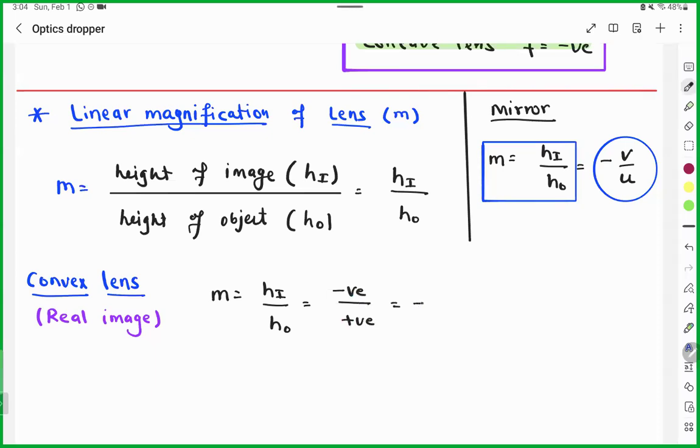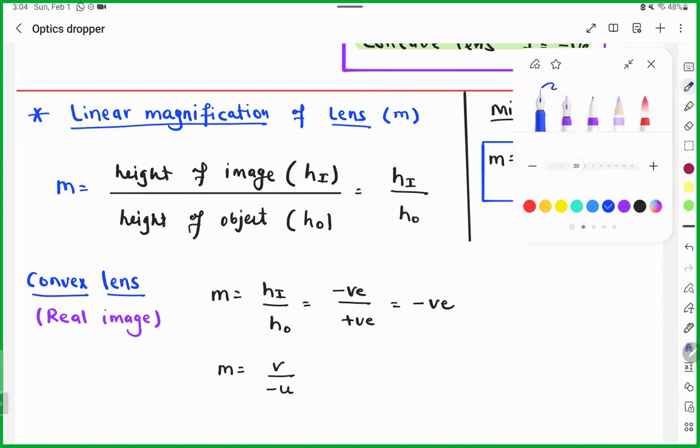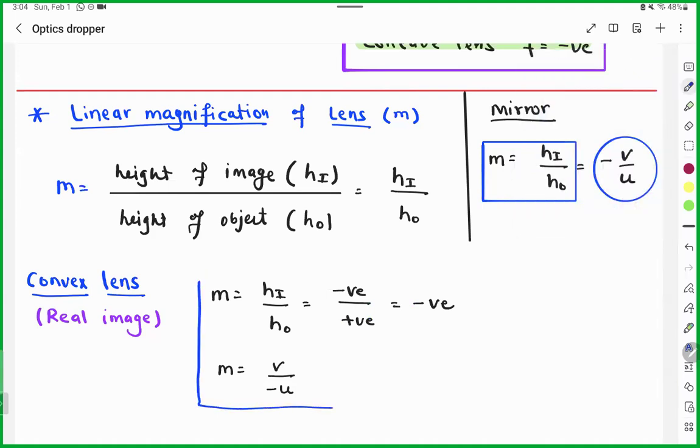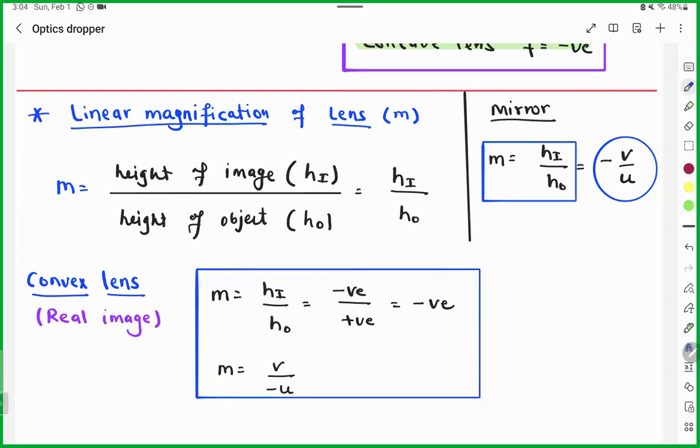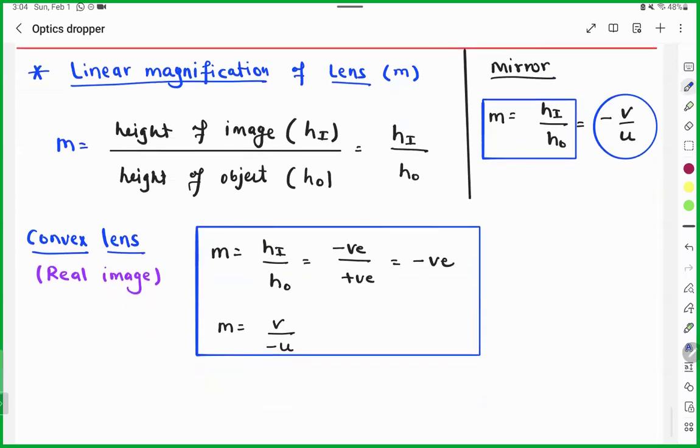So overall it will be negative. Second, if you see the V value, the image will be formed on the right hand side, so it will be positive, and the object is placed on the left hand side, so it is negative. Okay, so all these things when calculating magnification, got it?